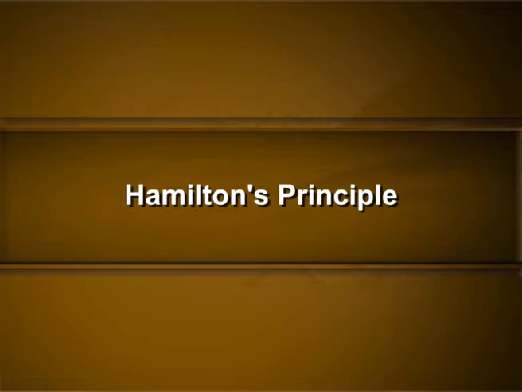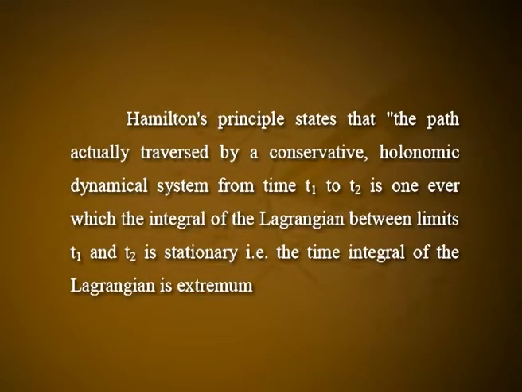Hamilton's principle. Hamilton's principle states that the path actually traversed by a conservative holonomic dynamical system from time t1 to t2 is one for which the integral of the Lagrangian between limits t1 and t2 is stationary. That is, the time integral of the Lagrangian is an extremum.